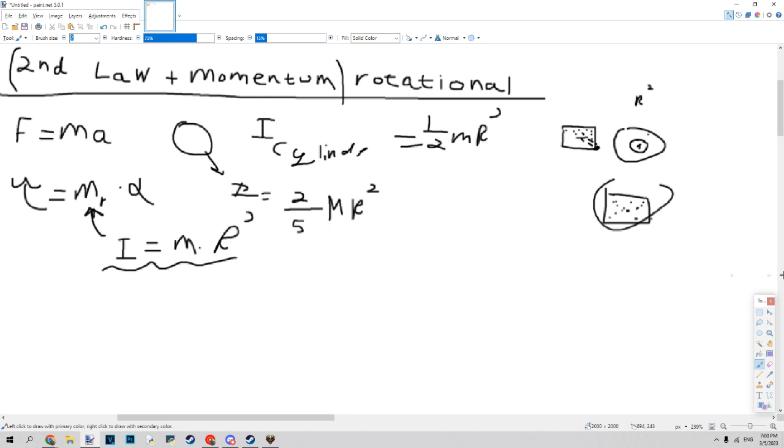And a pulley, one of those things where you'd have a string coiled around it and it moves. The moment of inertia of a pulley is also going to be 1/2 mass times radius squared.